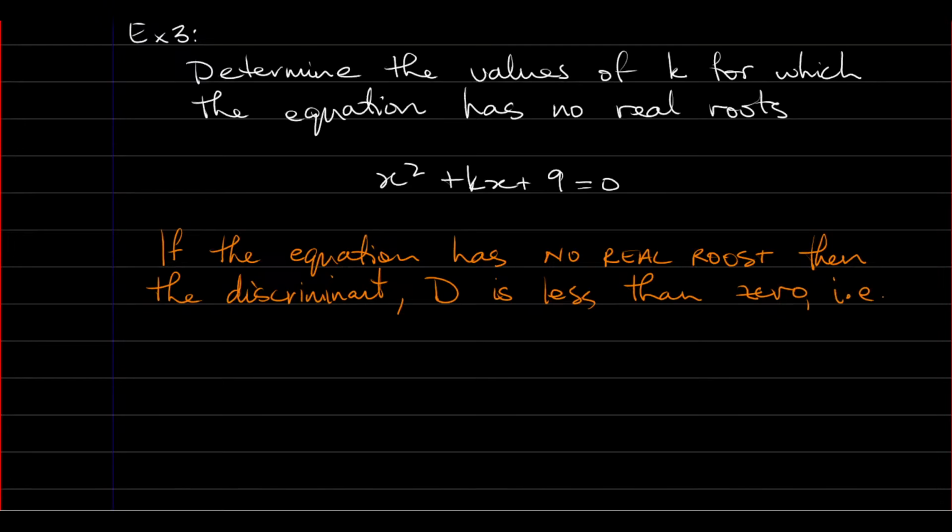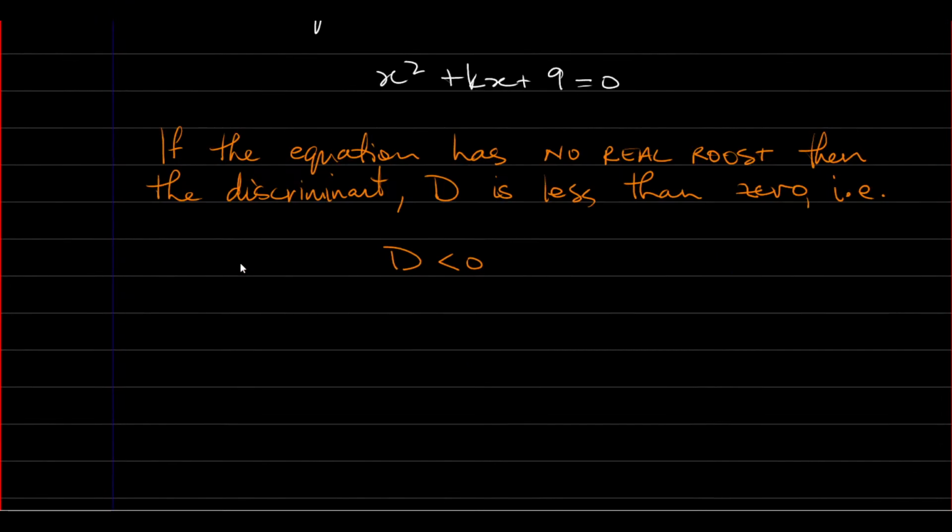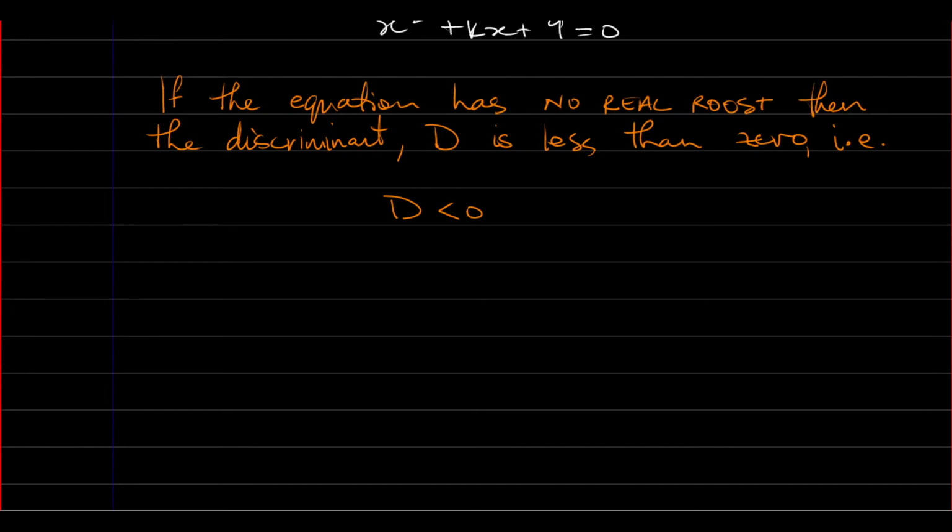So that is d less than 0. Okay, and if d is less than 0, then we have d equal to b squared minus 4ac being less than 0, right?